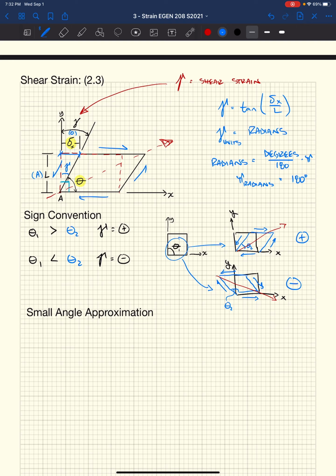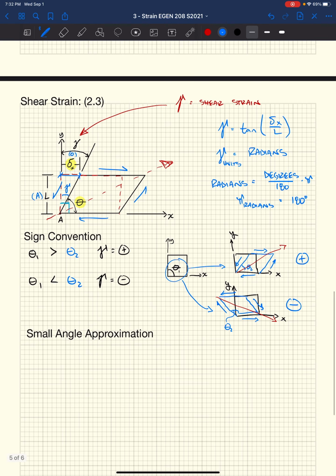So what is this small angle approximation all about? Well, as we saw with our normal strain, with shear strain, we're talking about very small amounts of deformation.